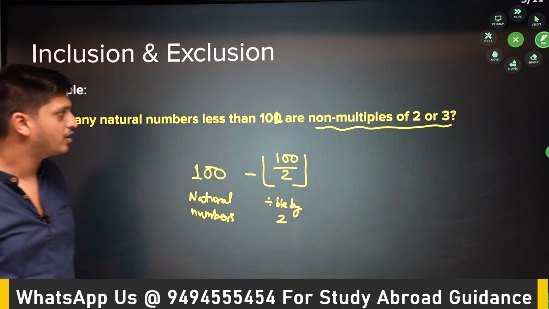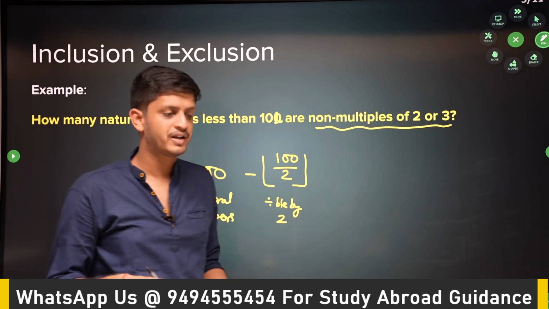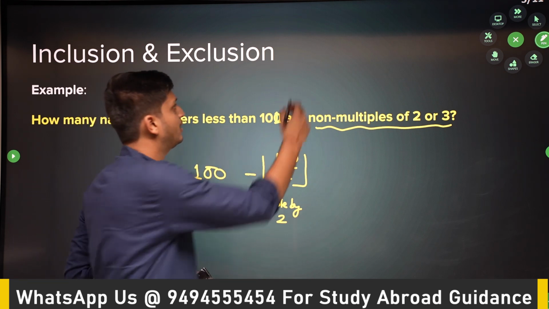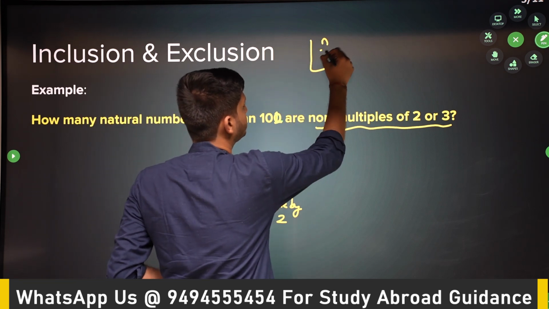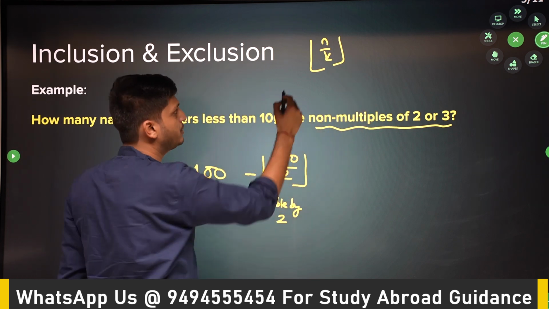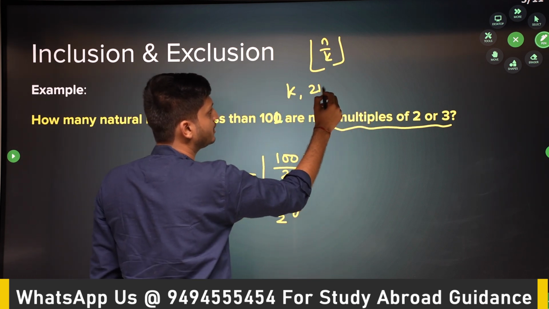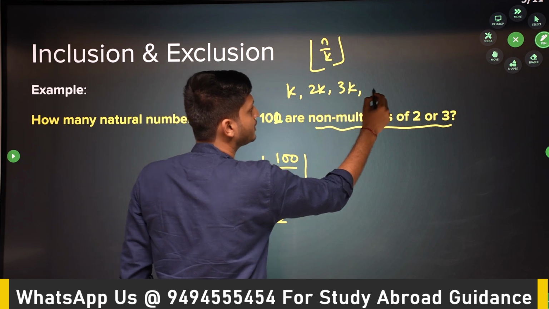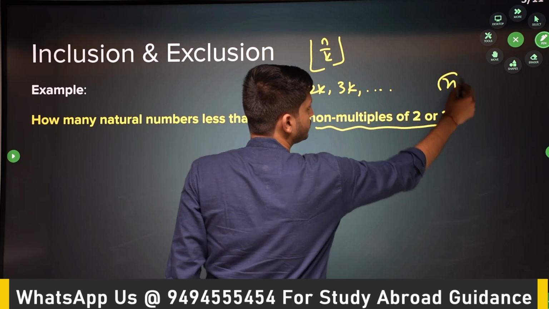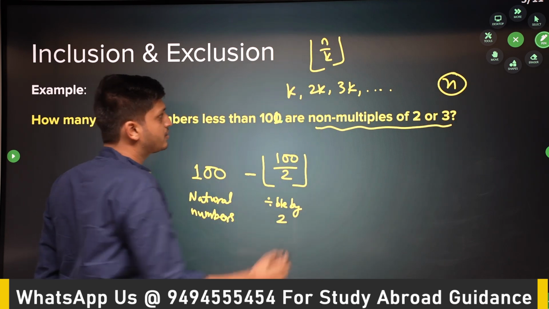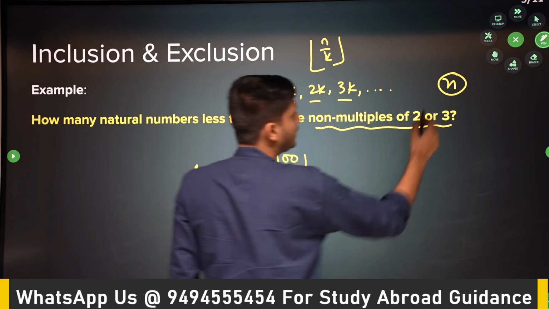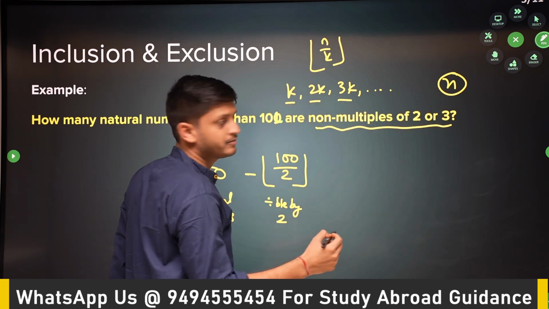So always, if you want to find how many natural numbers less than n are divisible by k, it will be floor of n by k. Why? See, the first number which will be divisible by k will be k itself, then 2k, then 3k. These are all divisible by k, right? And we have to reach n somewhere. So what will be the last number that will be divisible by k?